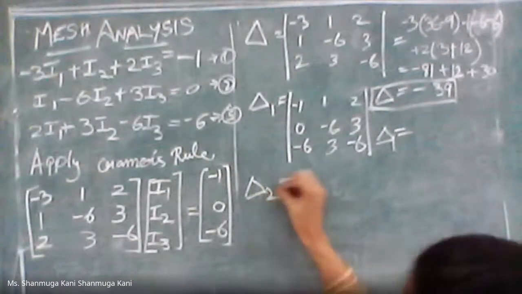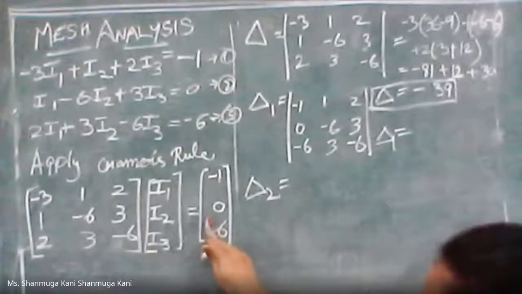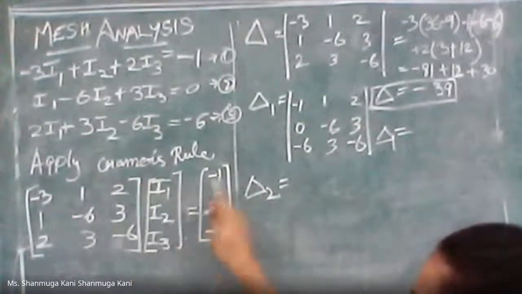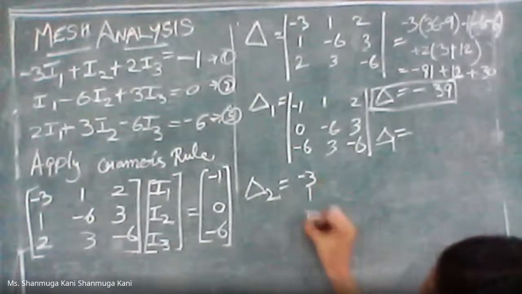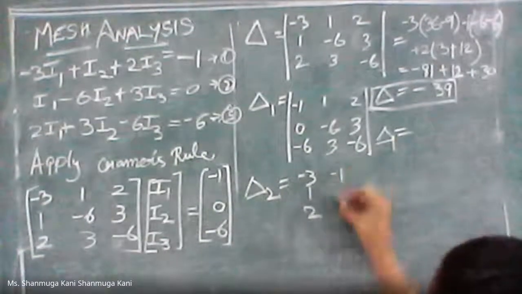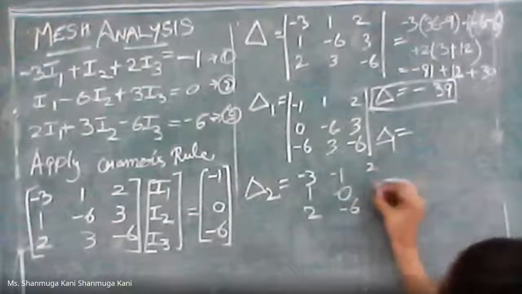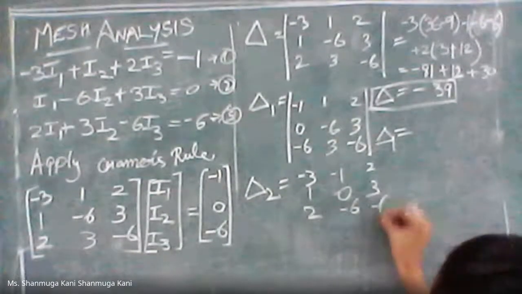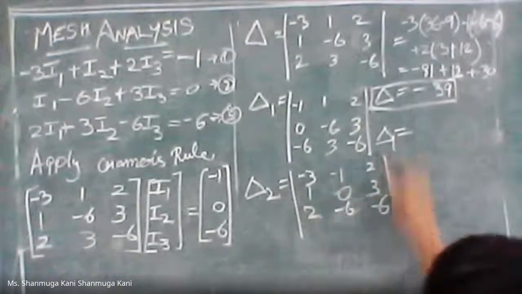Similarly, you can find the value for del 2. For del 2, you have to replace the second column with this value. So it will be minus 3, 1, 2. The value will be minus 1, 0, minus 6 and the third column will be 2, 3, minus 6. So find the determinant value.